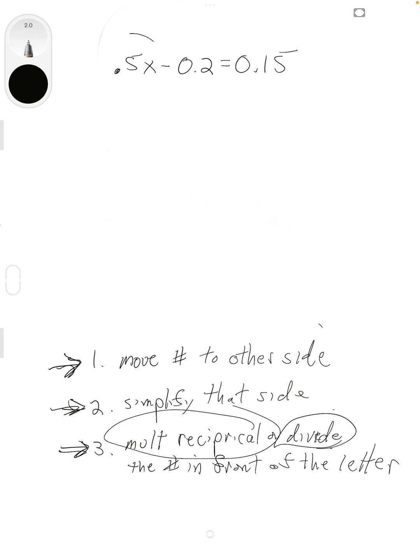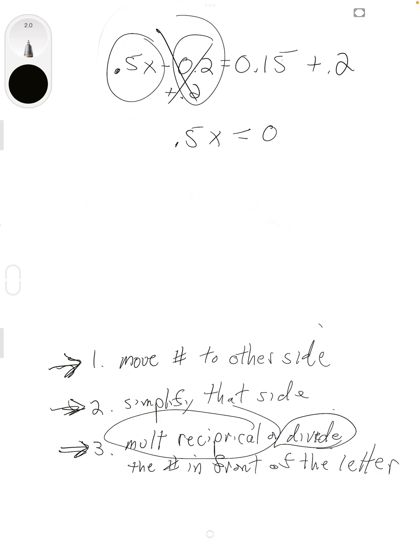I have a thingy and another thingy. Okay, how do I get rid of the number? Well, I'm going to add 0.2, and those will go away. And so I will end up with 0.5x equals 0.15 plus 0.2, which is 0.35.